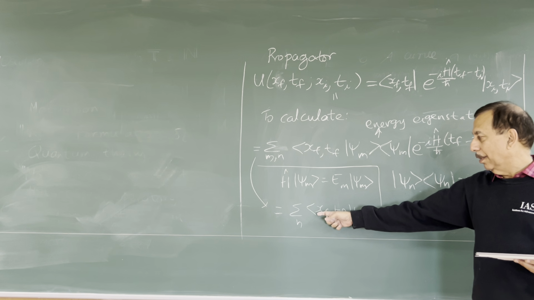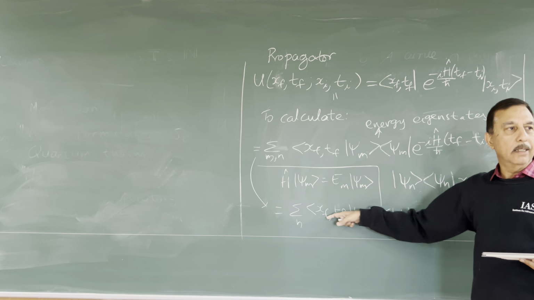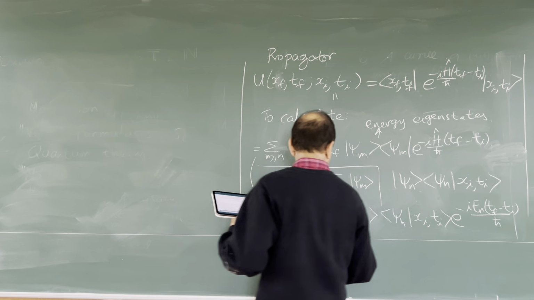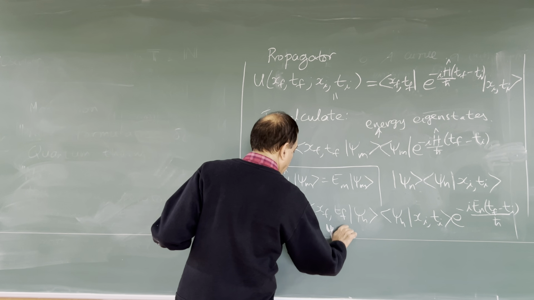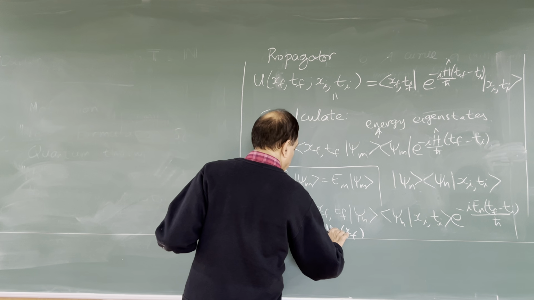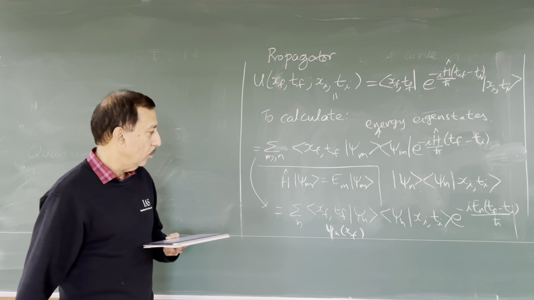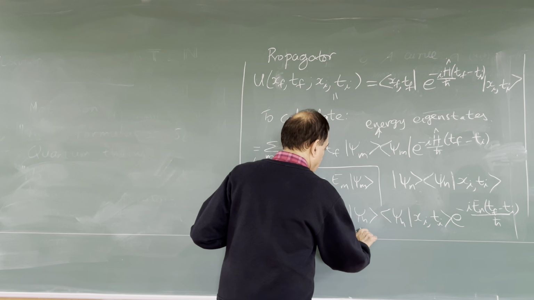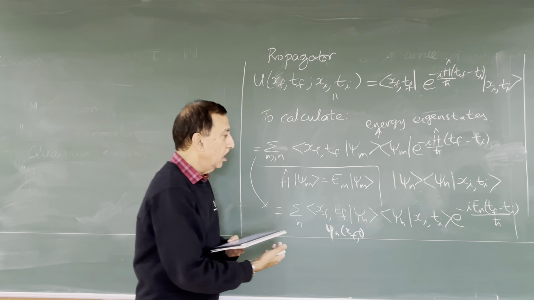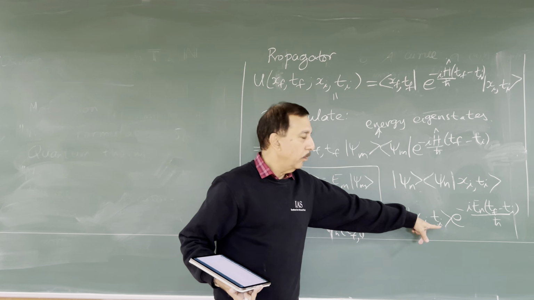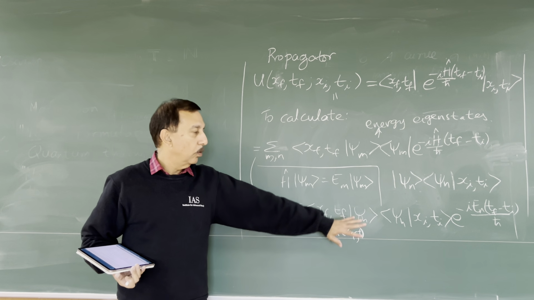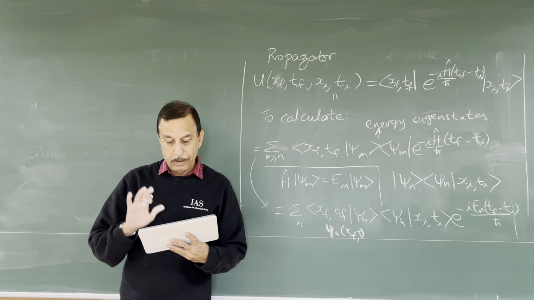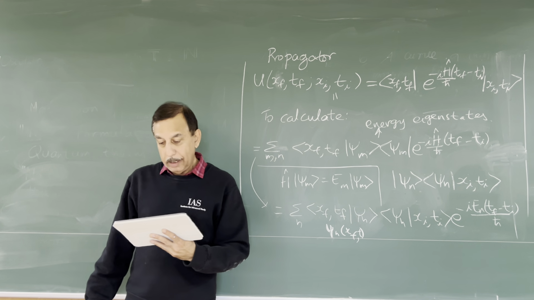The overlap between the position eigenstate and the energy eigenstate is the thing which normally in quantum mechanics you call psi n of x and t. And likewise that one will be psi star n of xi and ti. So you have to know these in order to make any further progress. Good. So let's keep this fact in our mind and let's notice one thing.